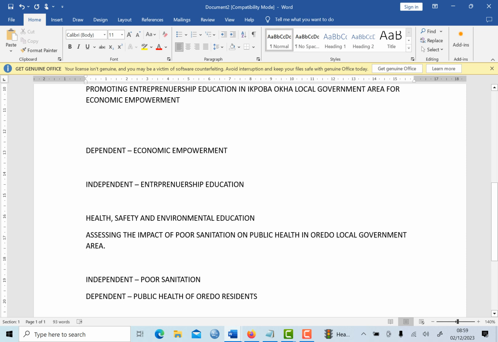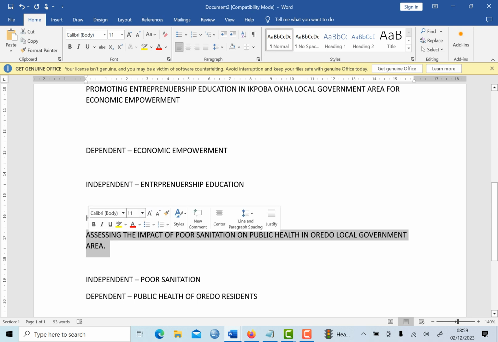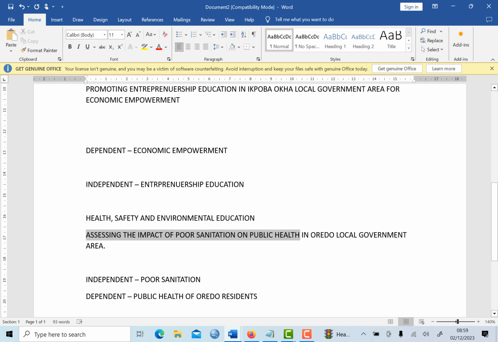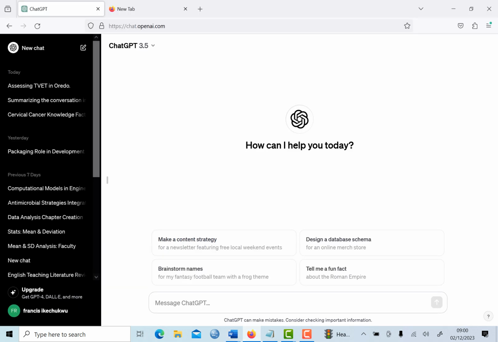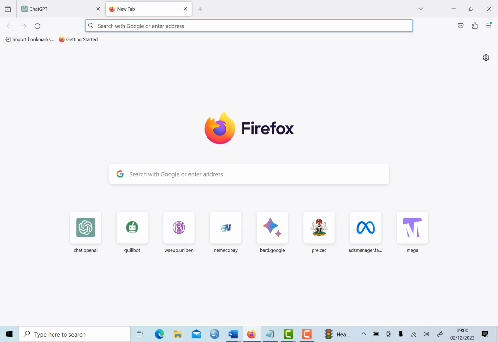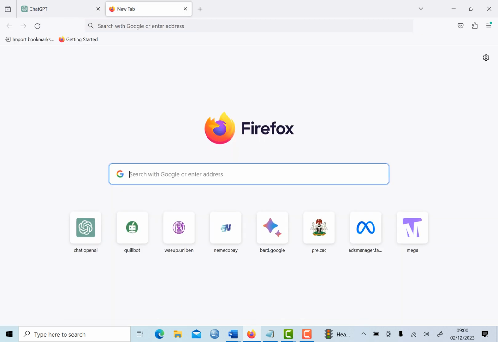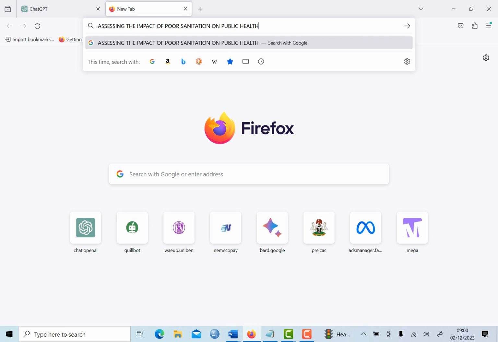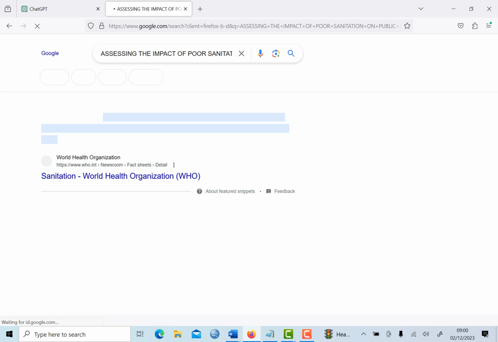So the first thing you need to check is if there is any work done on this before. Assessing the impact of public health. So you can come to Google, type and paste it in. Check if there are works done on it.